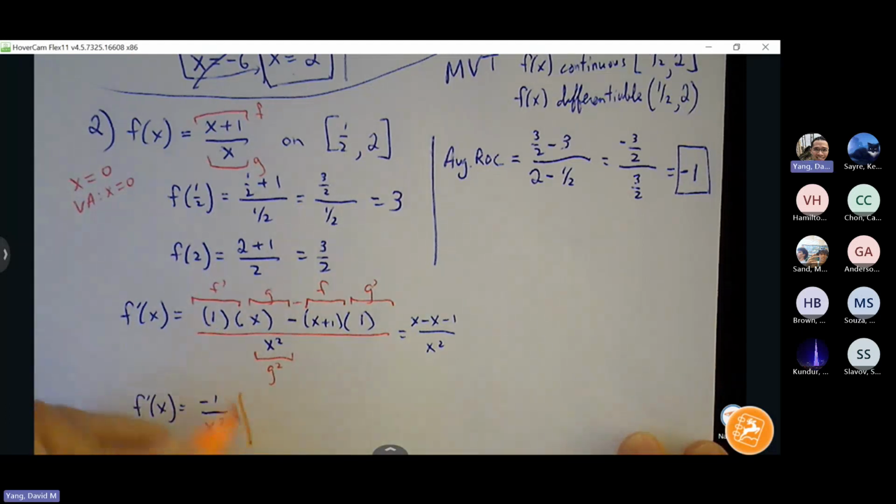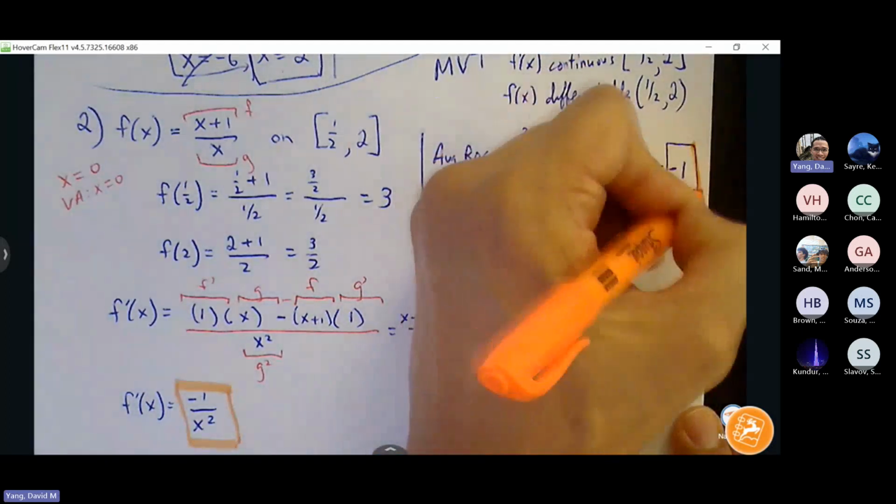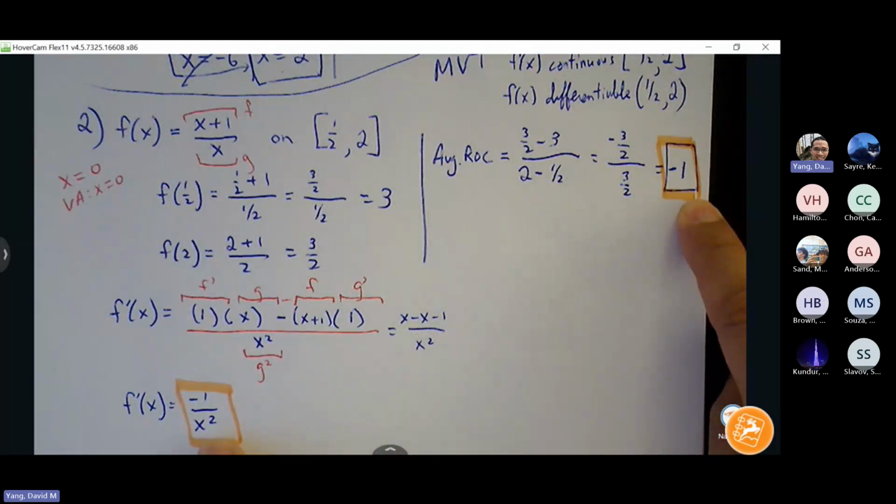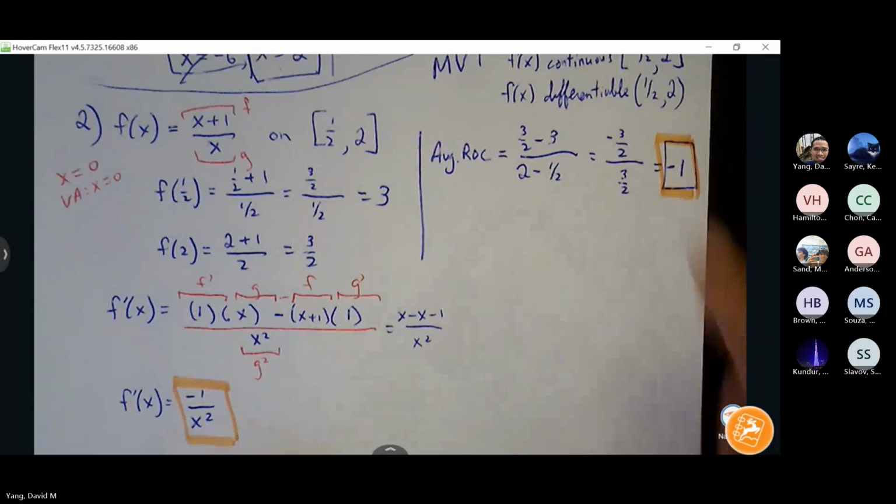We have our derivative, which represents our instantaneous rate of change. We have our slope, which represents the average rate of change. Set these equal to each other and solve for x.